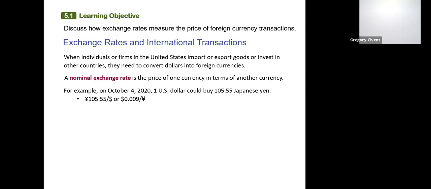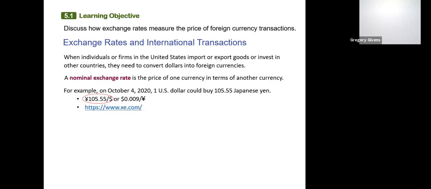Now, with that said, pretty much all the time in this class, I'm going to adopt a convention so that you guys don't get confused by this. When we're talking about exchange rates, I'm going to discuss them in terms of units of foreign currency per unit of the domestic currency. So even though these two exchange rates are equivalent, one is just the reciprocal of the other, I'm going to express exchange rates in the first way here. That is units of foreign currency per unit of domestic currency.